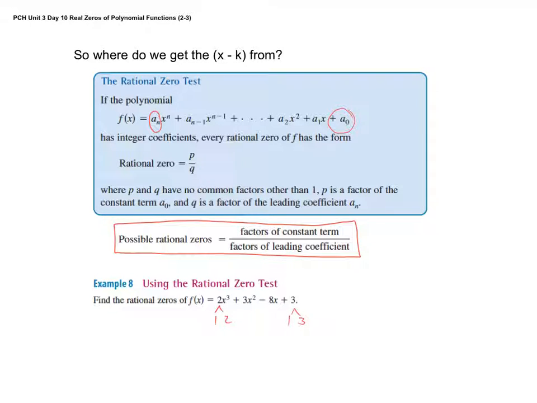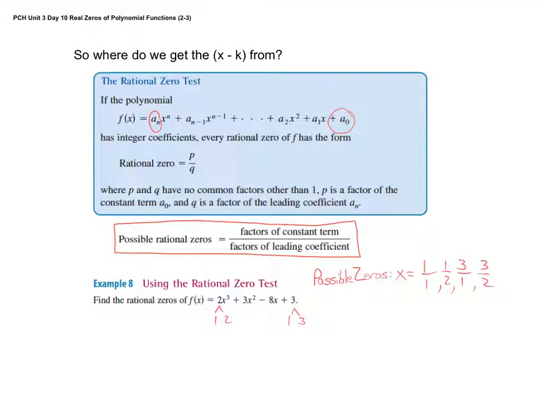So our possible zeros are going to be at x equals 1 or 3 in the numerator, and then a 1 or a 2 in the denominator.